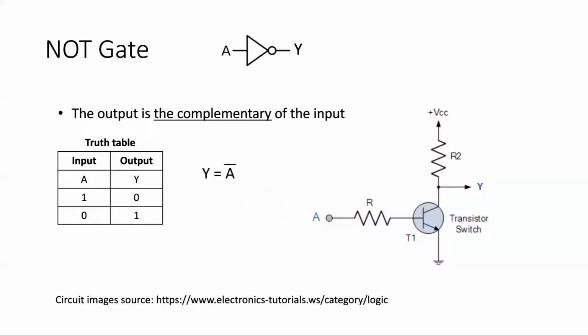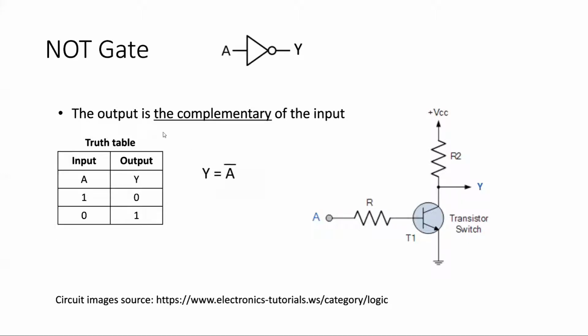So the next gate that I want to introduce here performs the operation NOT. As you see, its logic symbol has the symbol of a buffer plus a circle. The circle here shows the negation. The output of a NOT gate is the complementary of its input.